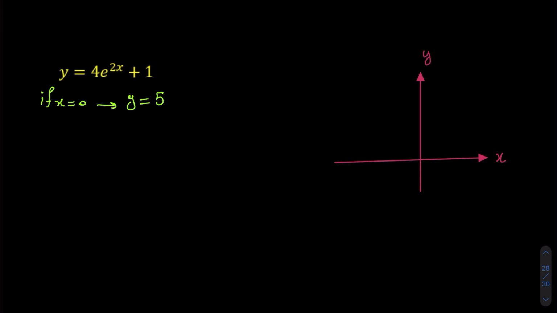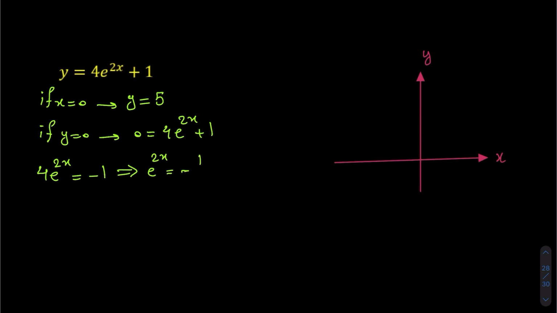And similarly, let's say if y is equal to 0, then what is the value of x? Therefore, 0 will be equal to 4 times e to the power of 2x plus 1, which will be equal to 4 e to the power of 2x is equal to negative 1, and e to the power of 2x will be equal to negative 1 over 4, right?